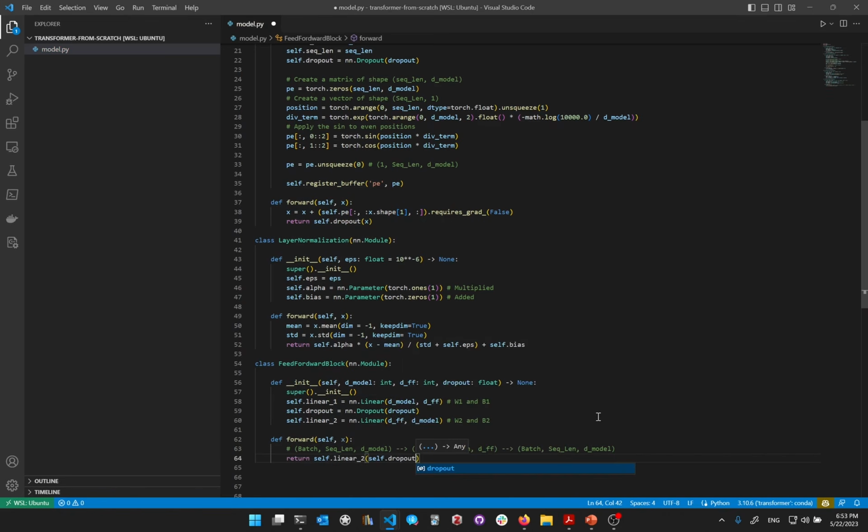We apply the dropout in between. And this is our feed forward block. Let's go have a look at the next block.